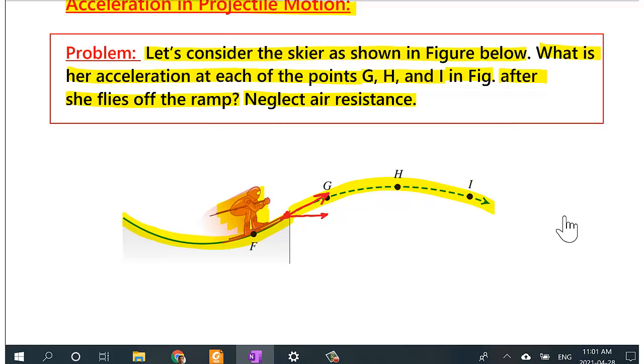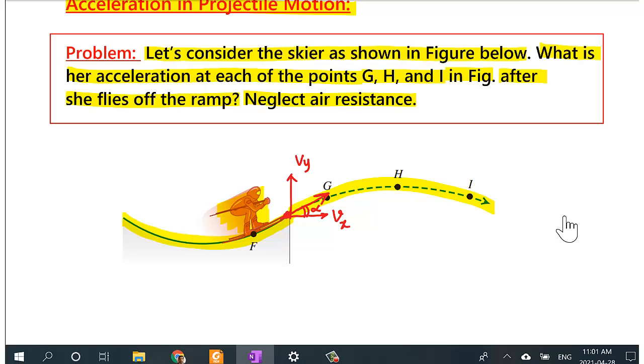Her velocity has an x component and also a y component, and her velocity is making an angle alpha from the horizontal. This is the same situation we discussed in the previous session, the equation of motion for a projectile. So she is going to follow a trajectory and that trajectory will be a projectile.